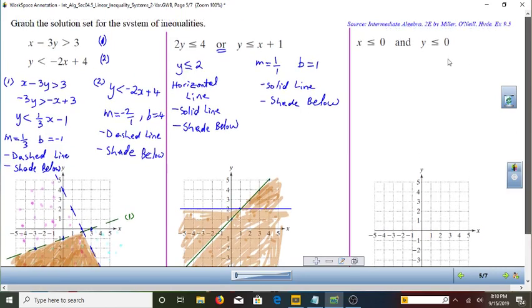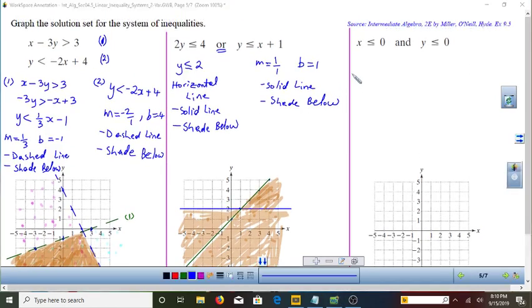Now with this one, relatively easy. We have ourselves a vertical line. In reality, that's the y-axis. And we're going to draw the solid line. And we're shading to the left of this line because you can't shade below a vertical line.